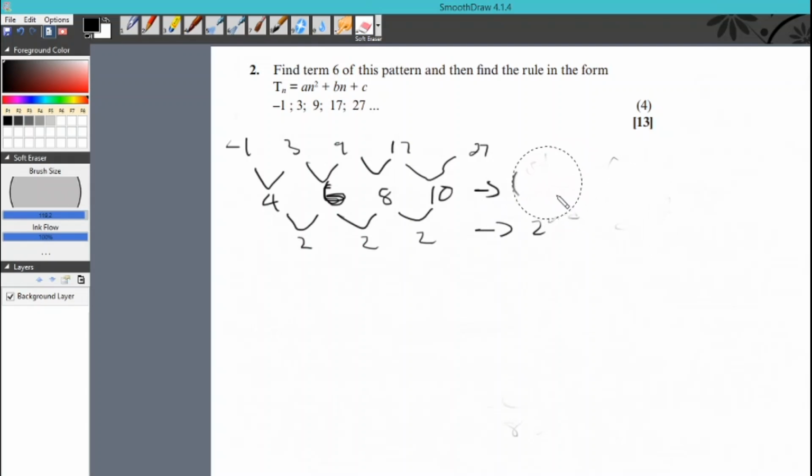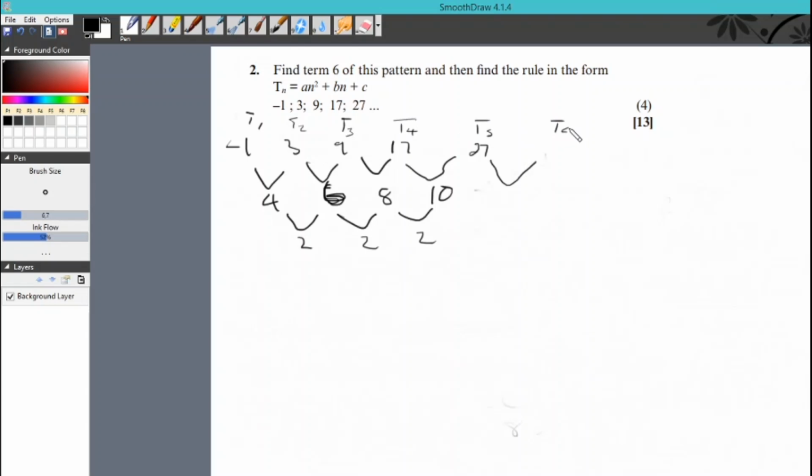To find term number 6 of the sequence, we want T6 after T1, T2, T3, T4, T5.